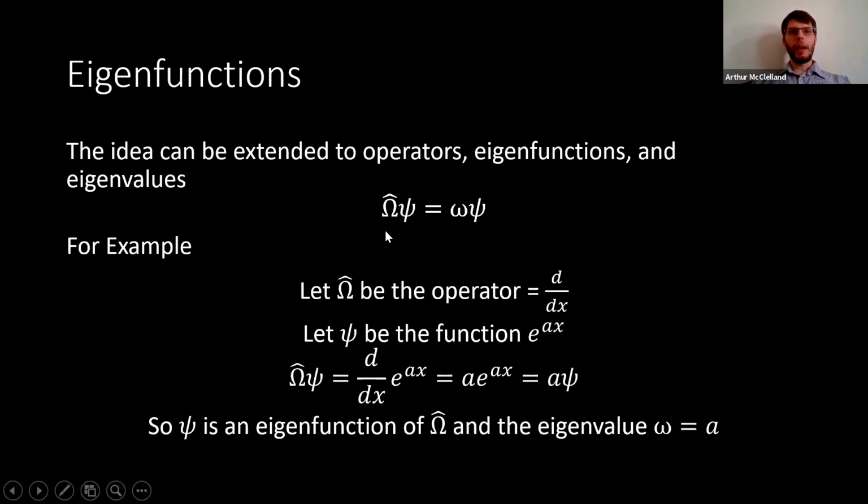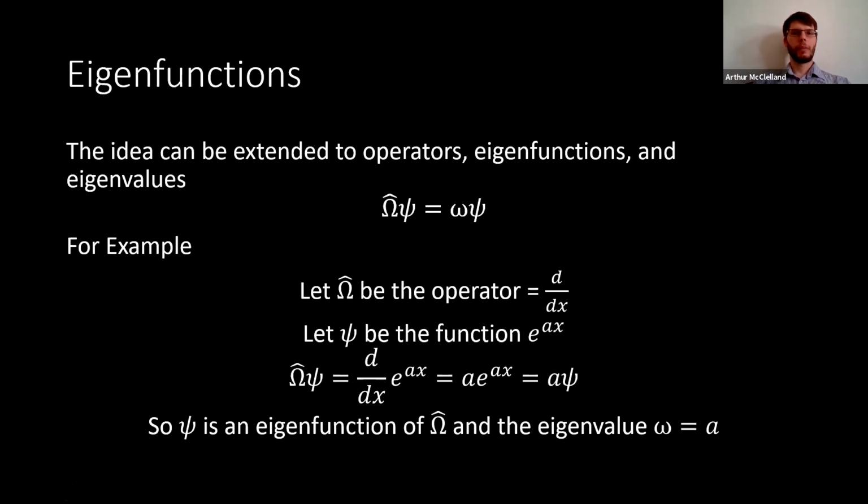And so if we go ahead and solve with these example values, omega hat psi is d/dx of e to the ax, which is equal to a e to the ax, which is equal to a psi. So we have our eigenvalue equation. Psi is indeed an eigenfunction of omega, and the eigenvalue is a.